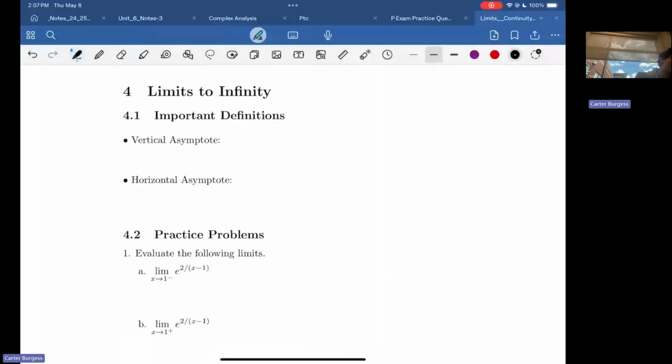We describe a vertical asymptote as occurring when we have the limit as x approaches a from either the left or the right, it doesn't really matter, of a particular function, when this is equal to plus or minus infinity.